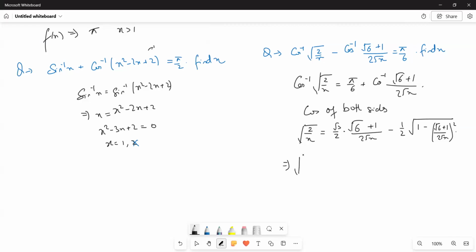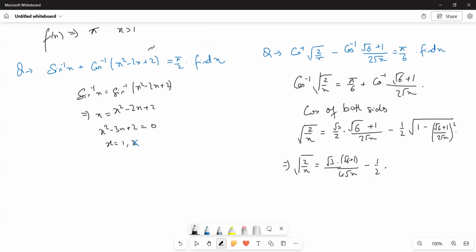So this is 2 by x is root 3 into root 6 plus 1 by 4 root x minus half.